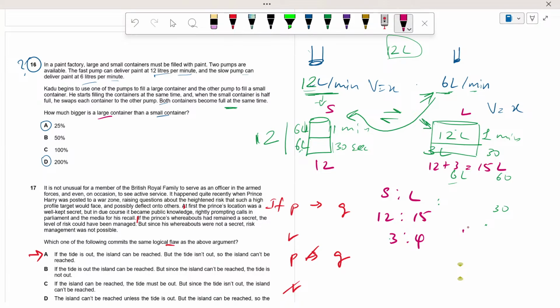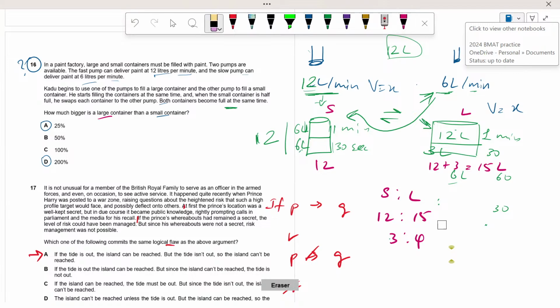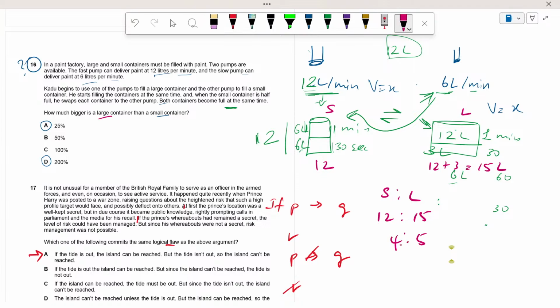It's 4 divided by 3. Sorry, it's wrong. It's 5. My God. Yeah, now it's correct. So we divide by 3 both sides to get 4 is to 5.